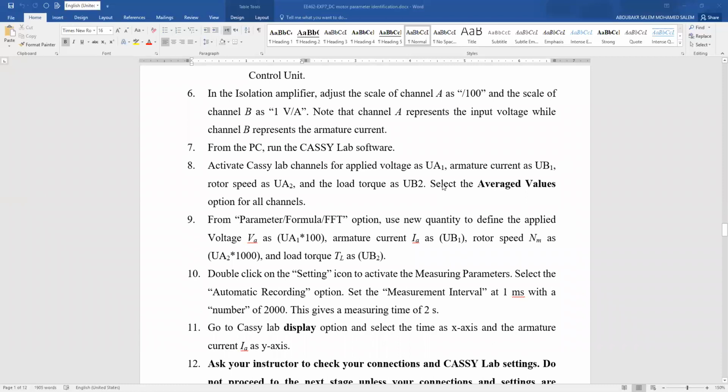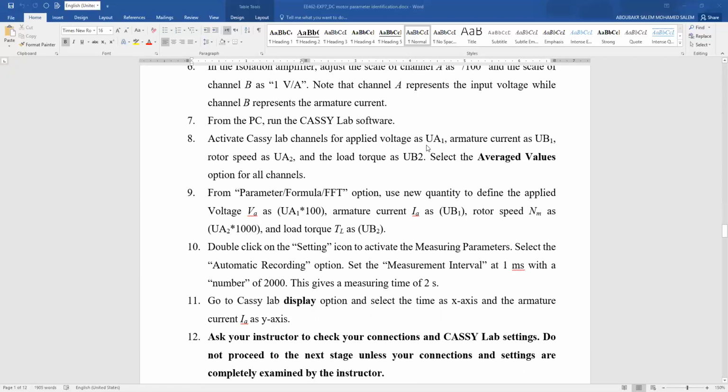And we will run the BC chassis and define the channels: channel A, UA1 for applied voltage, UB1 for armature current, UA2 for rotor speed, and UB2 as machine torque. For definitions of all of these channels, we will select average value definition.